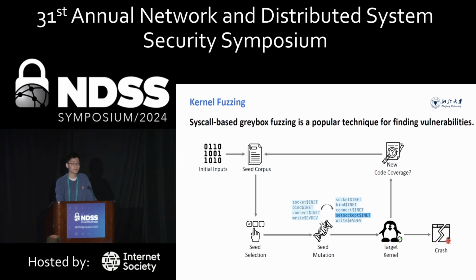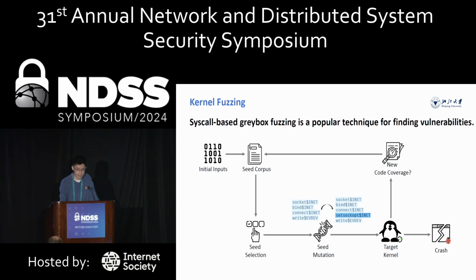Coverage-guided fuzzing has been an effective and preferable testing technique for vulnerability discovery. It repeatedly feeds generated inputs into programs and discovers complex vulnerabilities with the help of program feedback and sanitizers. Kernel fuzzing uses syscall interfaces as entry points.